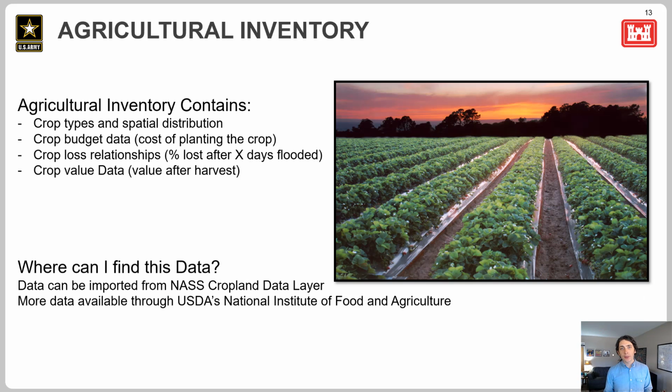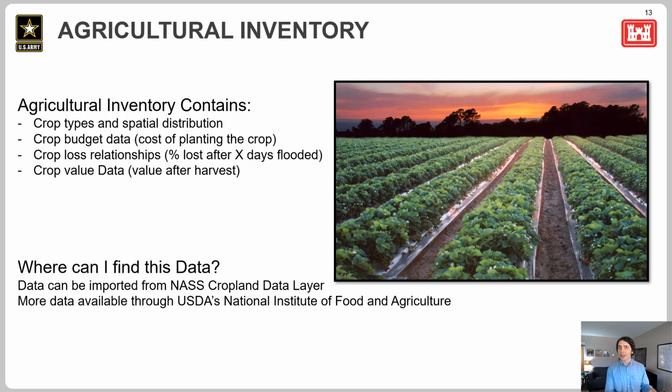Finally, the agricultural inventory stores all the data we need for an agricultural compute in the same way that the structural inventory stores all the data we need for a structure damage compute. Inside the agricultural inventory, we have a lot of information, the key component really being that crop loss relationship. It's a percent loss over so many days flooding.